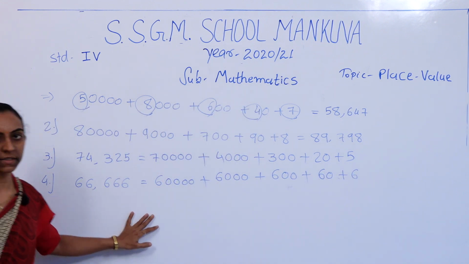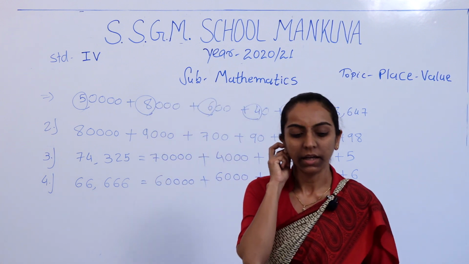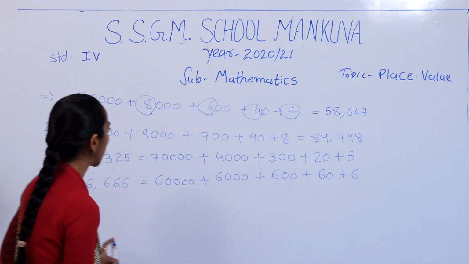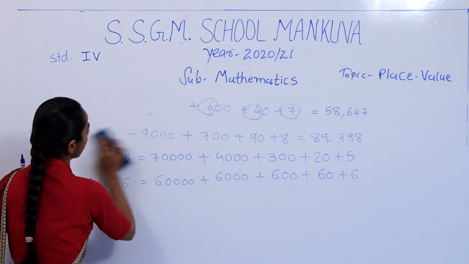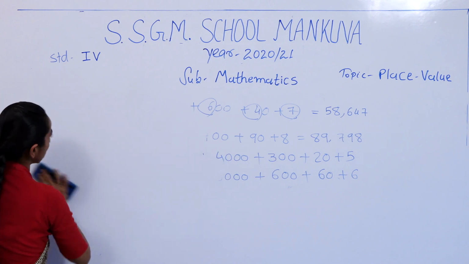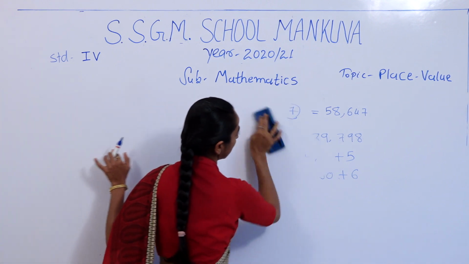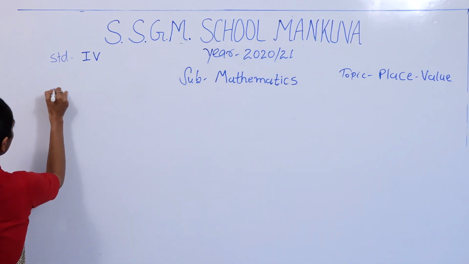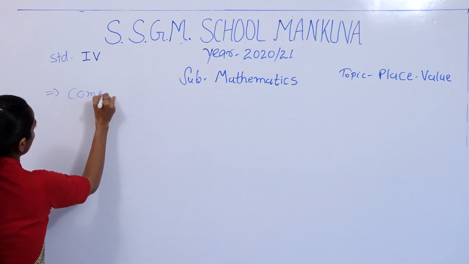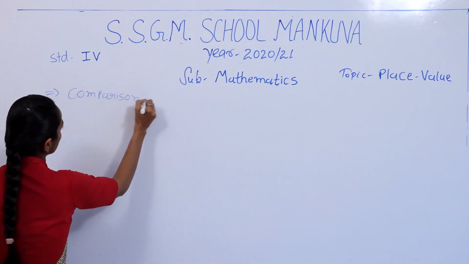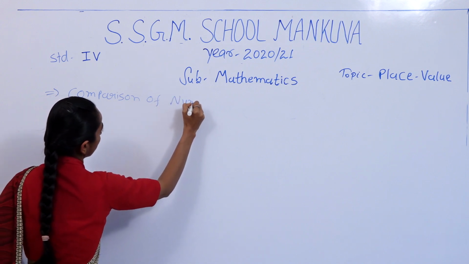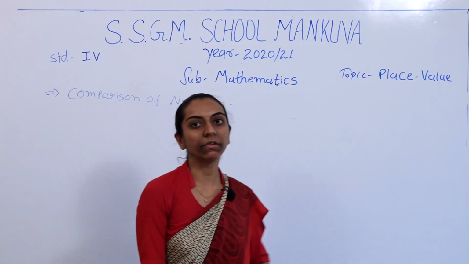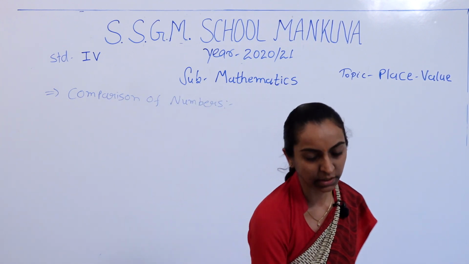Okay, you understand, students? Now we learn the next topic. The topic name is comparison of numbers. First we learn the rules of comparison of numbers.